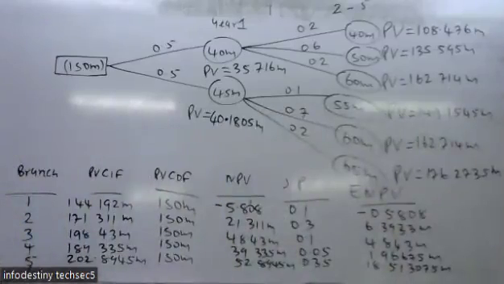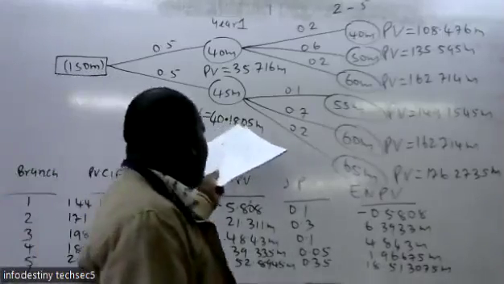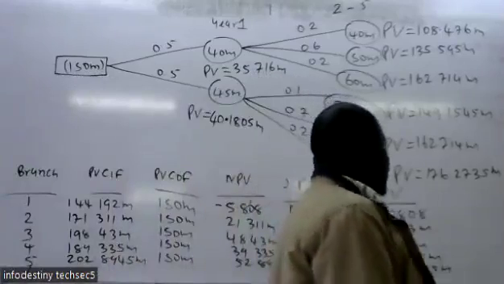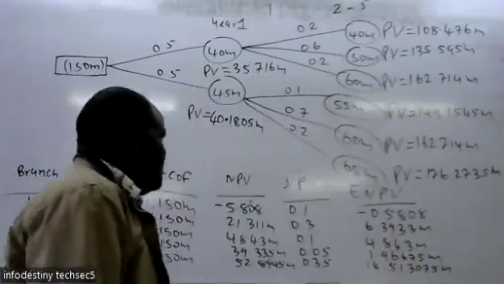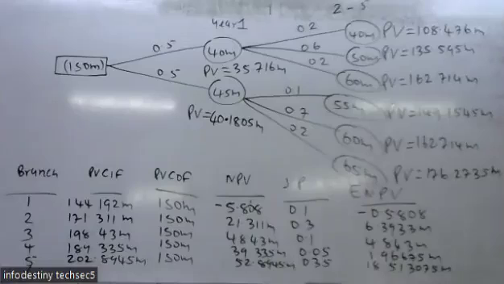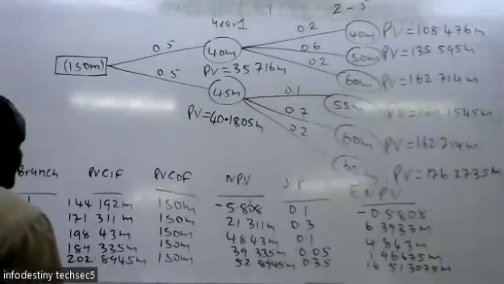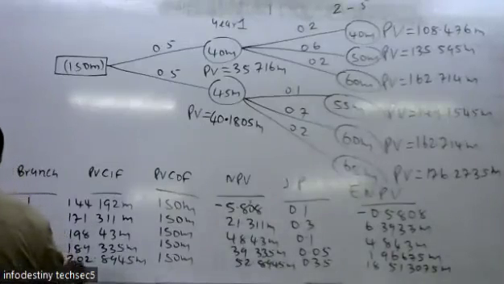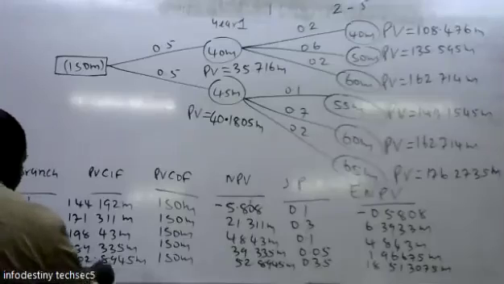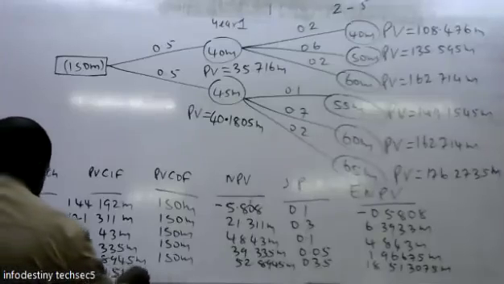Finally, there is branch 6. So branch 6, it is still 40.1805. We add 176.2735, which gives 216.454.